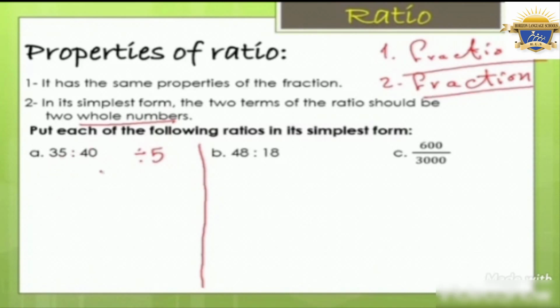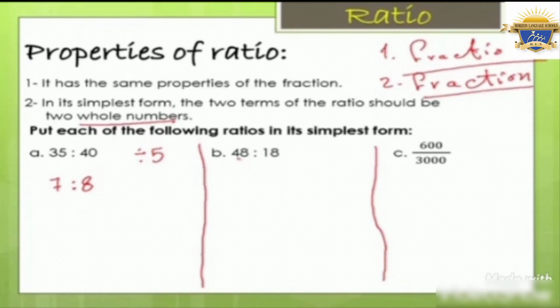So under 35 we will write 7. And 40 divided by 5 equals 8. 7 is a prime number, so that is our simplest form.